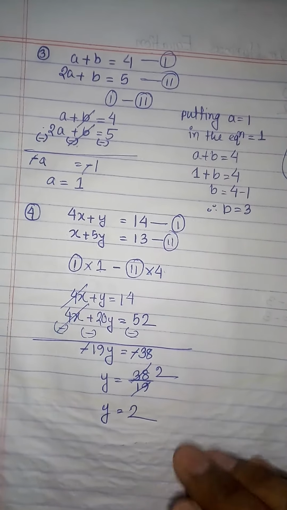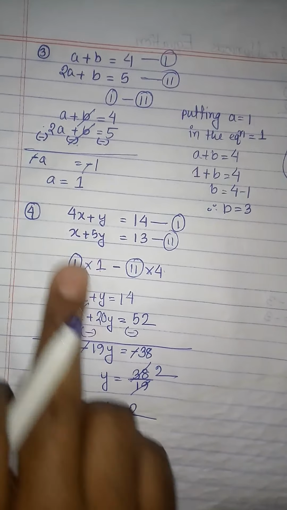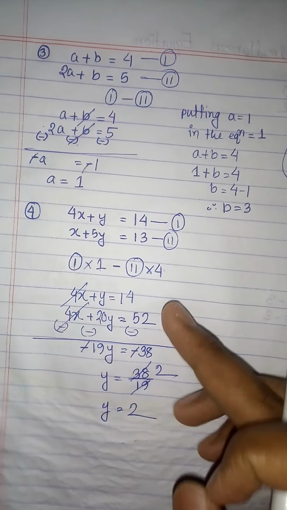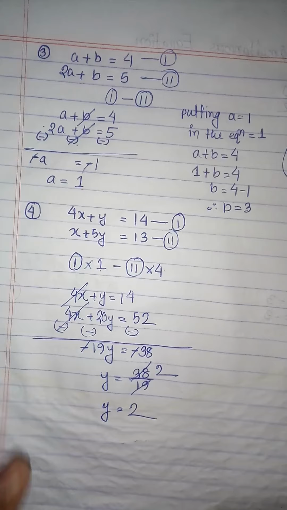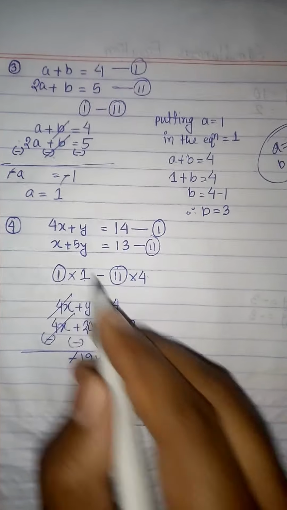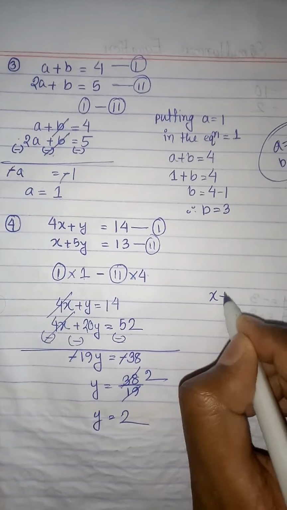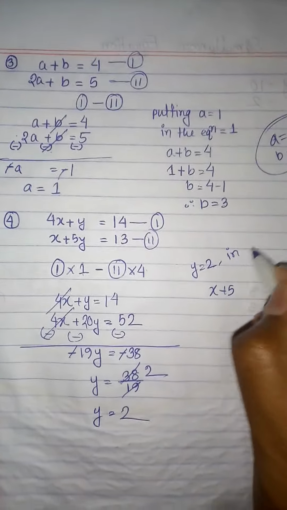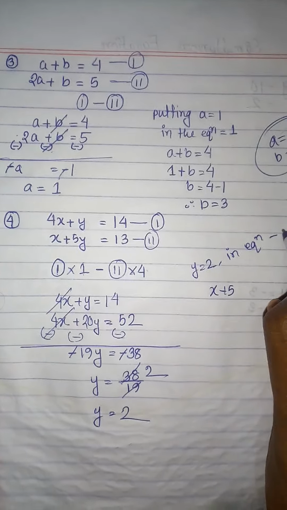Now we have to use this value of y in the original equation, not in this one, because this is a reformed equation. We have to use this value of y in either of the original equations. So let's check it out. For x plus 5y, we are putting y equals 2 in equation 2.